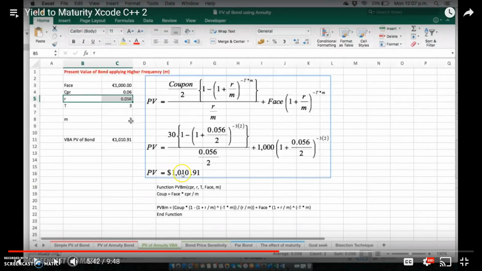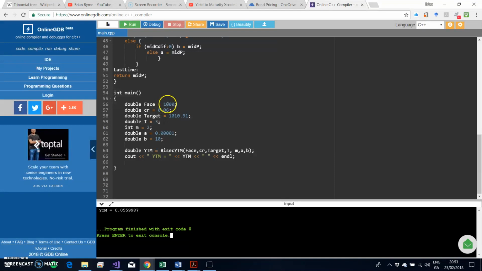We can see here, using the parameters that we have here, which are consistent with the parameters that we have here, so 1000 face, coupon rate 6, 1010.91 is the market price, t is equal to 3, periodicity of the coupon payment twice a year.